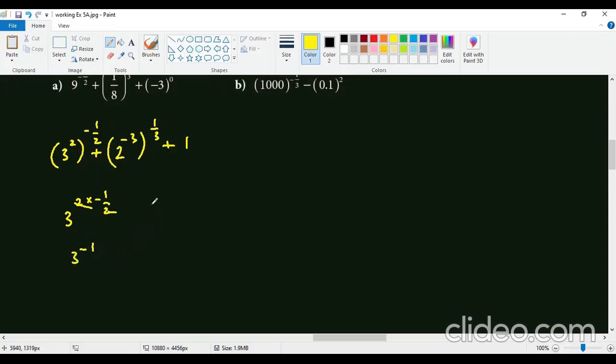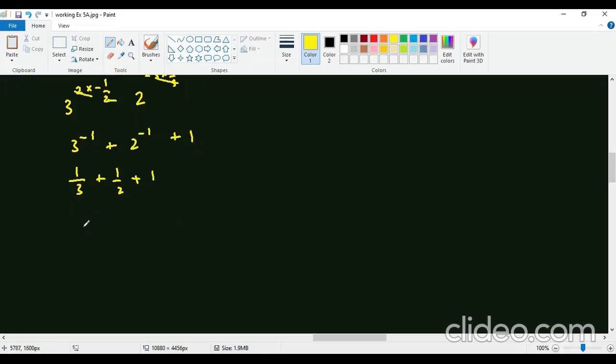And 2 to the power minus 3 is multiplied by 1 over 3, so this is also 2 to the power minus 1, and plus 1 also. So this is actually 1 over 3, and this is 1 over 2 plus 1. That means this is going to be 5 over 6 plus 1.